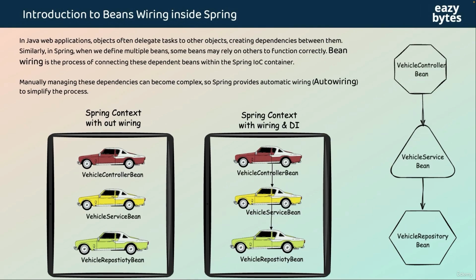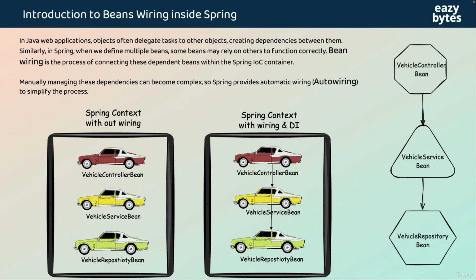Once it feels the request is proper, it needs to hand over the request to the next layer, which is the service layer. Inside the service layer, I have a bean created with the name vehicle service bean. Unless a dependency is established between these two beans, my controller bean will never know to which service bean it has to forward the request.